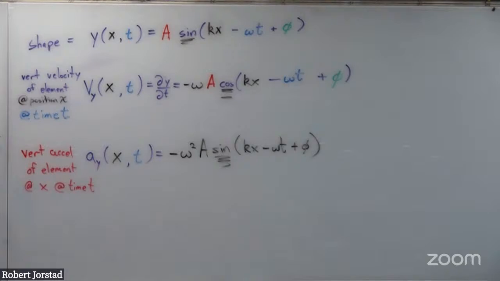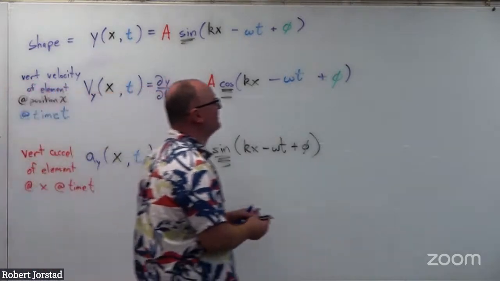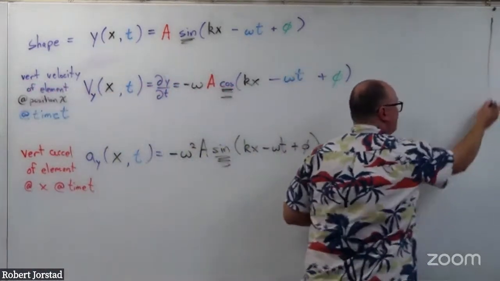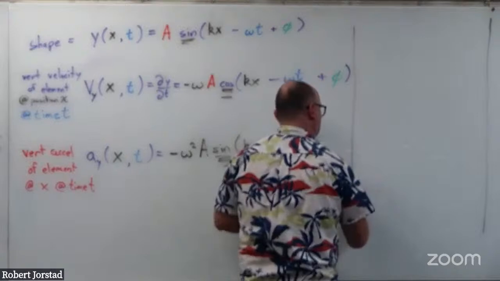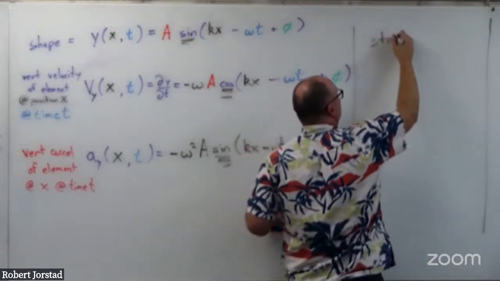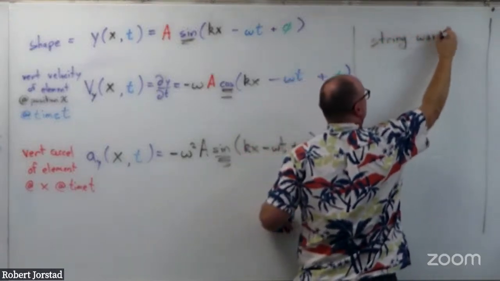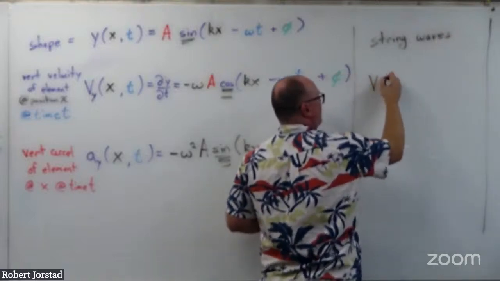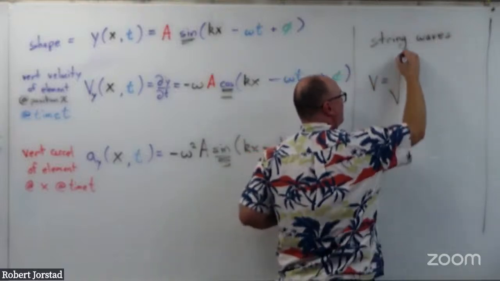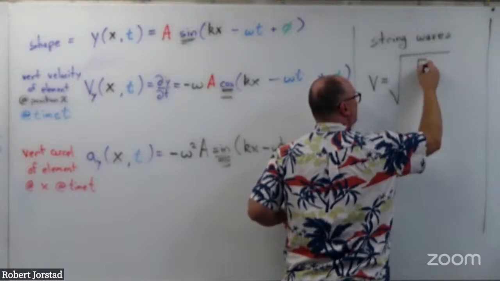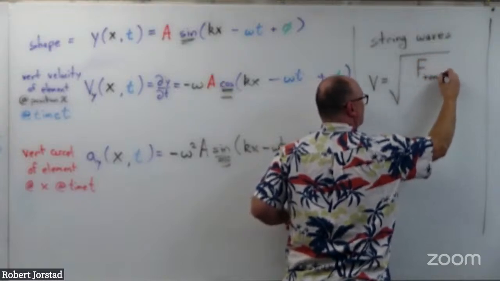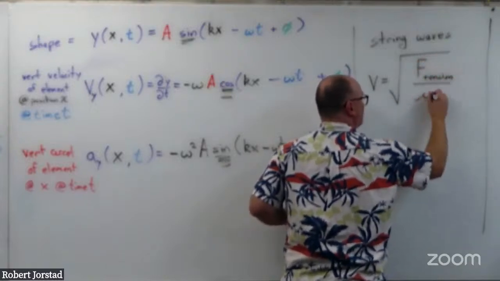Maybe I'll mention a couple more things for string waves in particular. We're going to know that the velocity is equal to the square root of tension over mu.